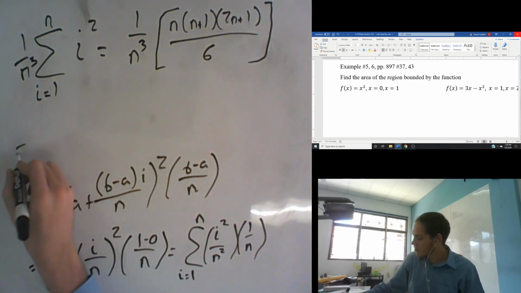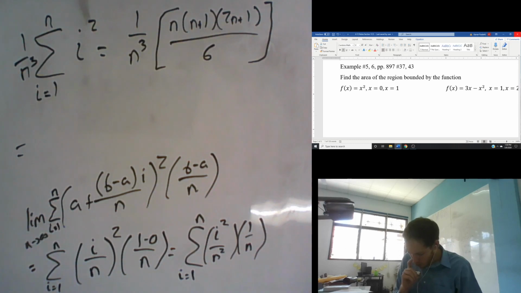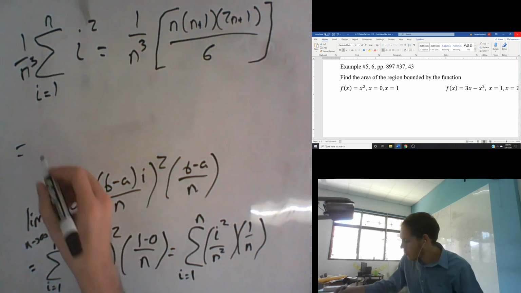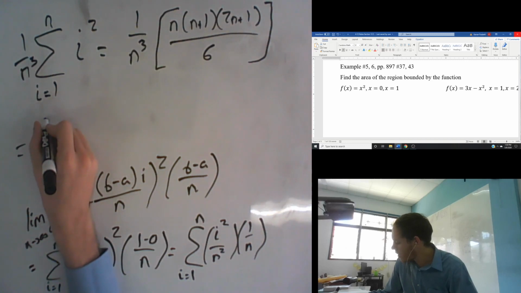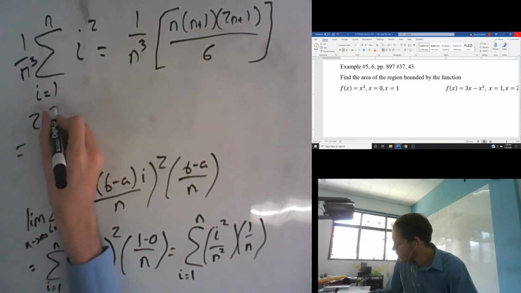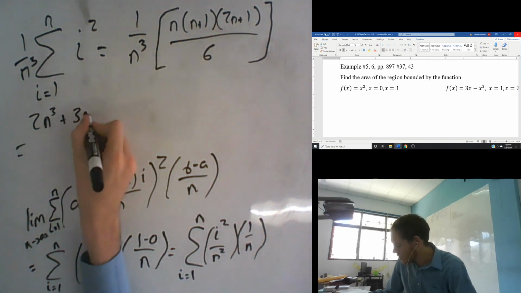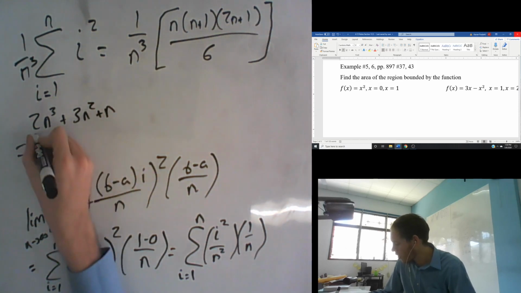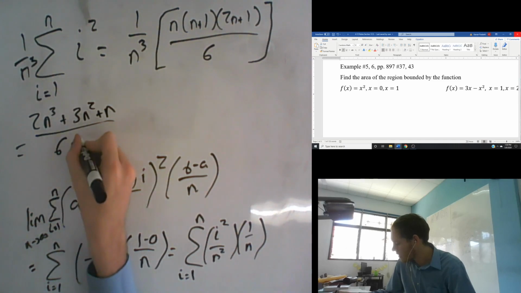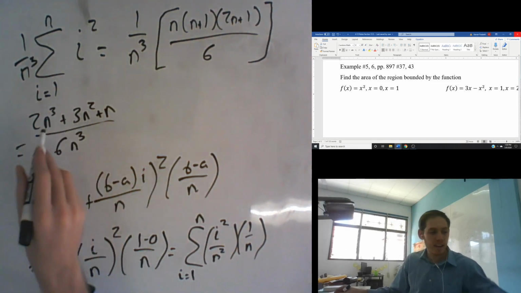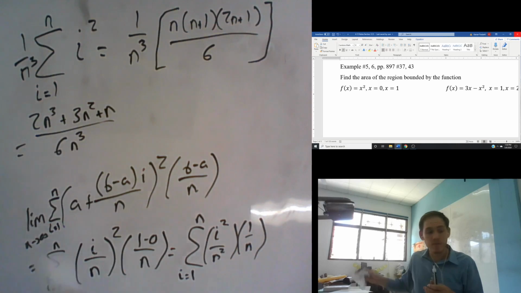And then if we factor it off, we're going to get 2n cubed plus 3n squared plus n over 6 n cubed. So we just put it all together into one thing.